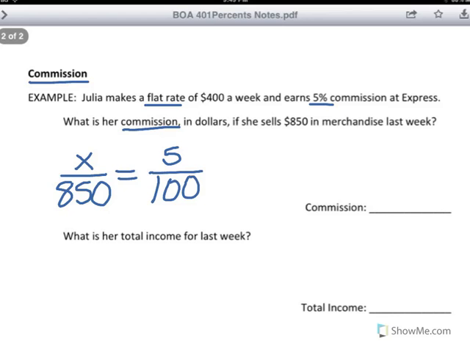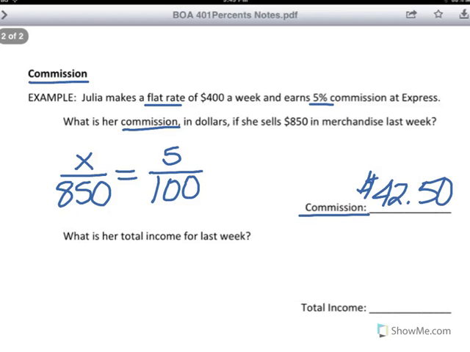When we cross multiply and divide, we get 850 times 5 divided by 100, which gives us $42.50 in commission, which is the dollars she makes off of her sales.